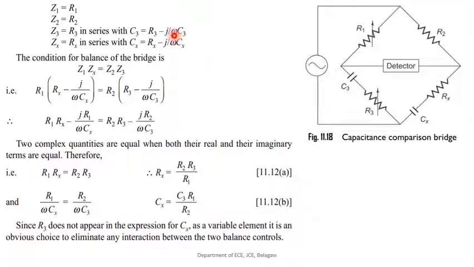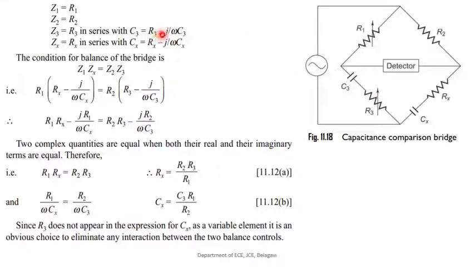In the same way, Zx is given by Rx minus j divided by omega Cx. If the capacitance is in series with resistance, then you will get minus here.